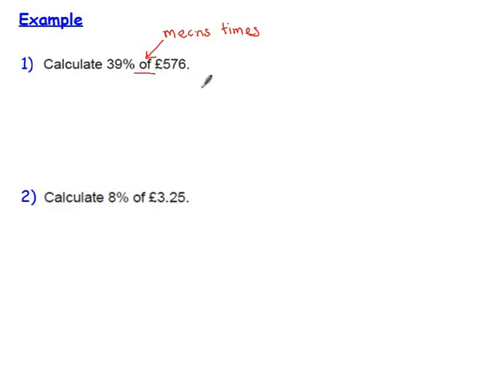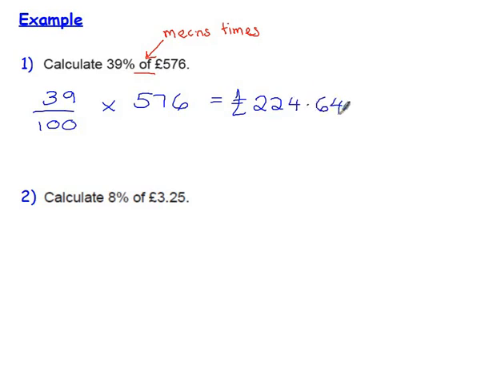So next, let's write 39% as a fraction. So it's 39 out of 100 times 576. And if you enter that into your calculator, you will get the answer, don't forget our pound sign, £224.64.